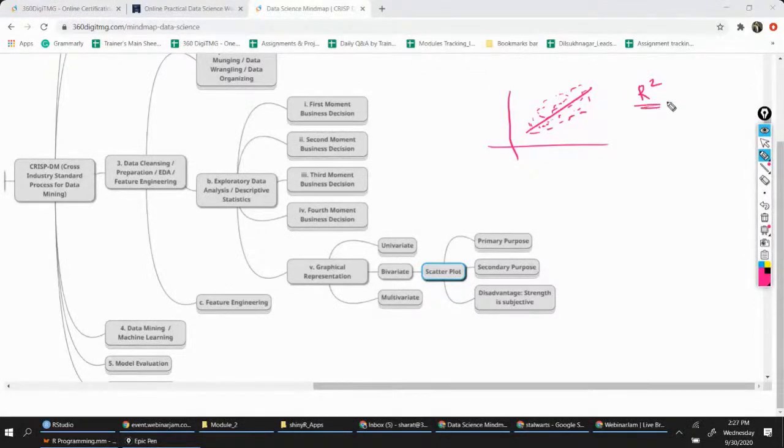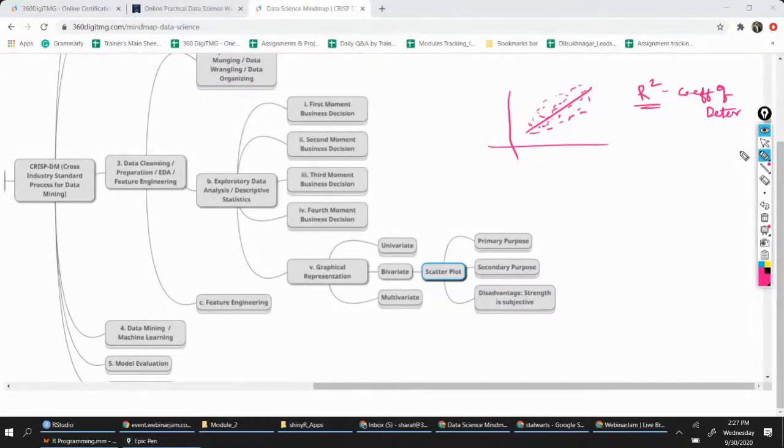Yesterday we discussed R squared, which is the coefficient of determination, also known as goodness of fit. How well the line is fitting the data. That's what we are trying to understand here.